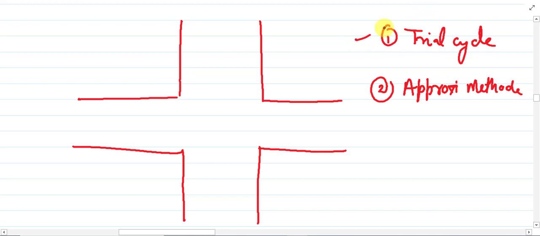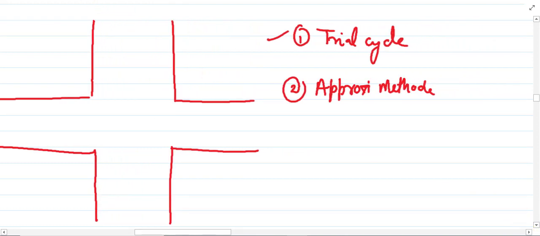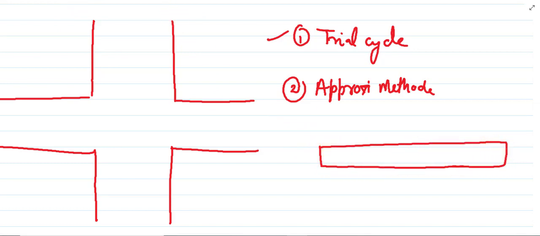In the first method, which is the trial cycle method, we assume our cycle. First of all, I will draw a diagram which gives the indications of your cycle time like this one.